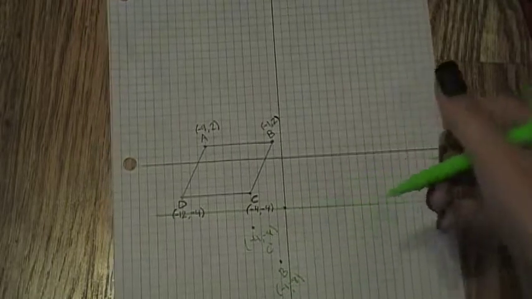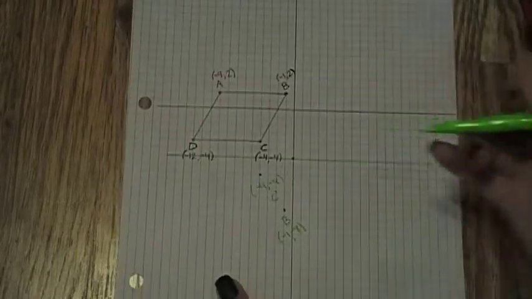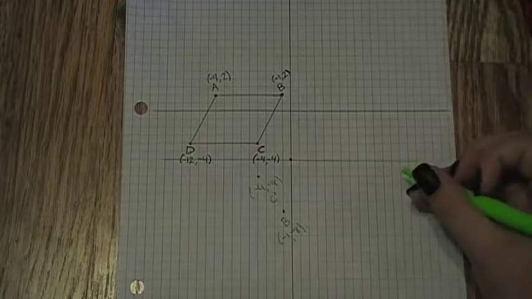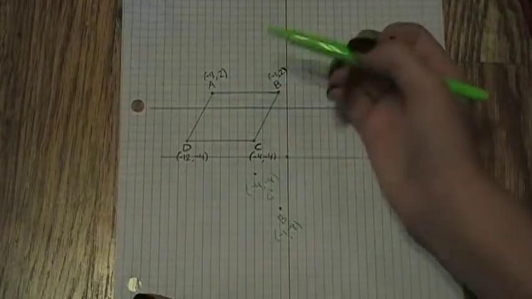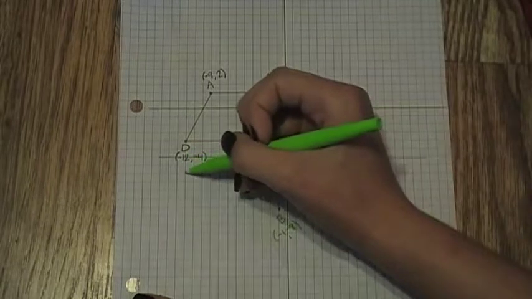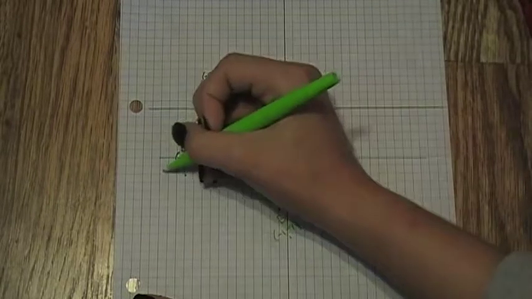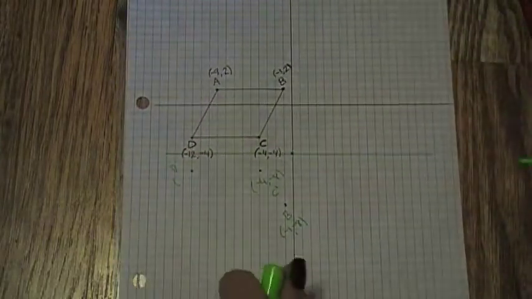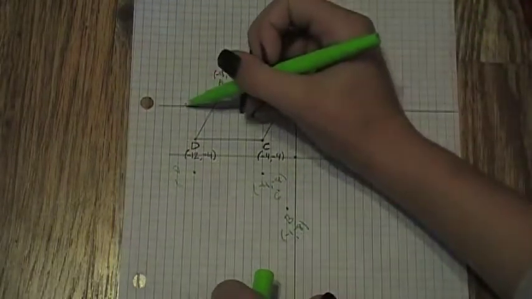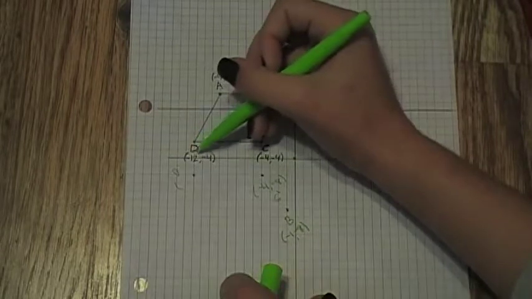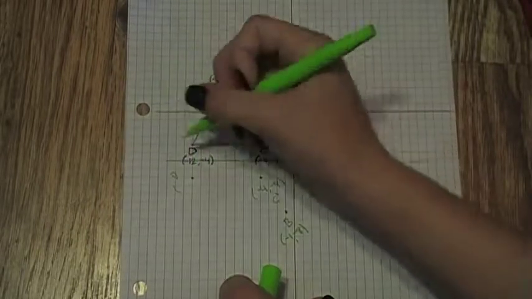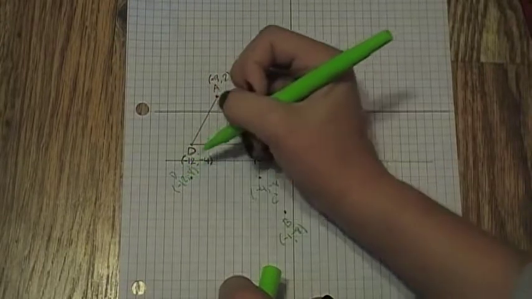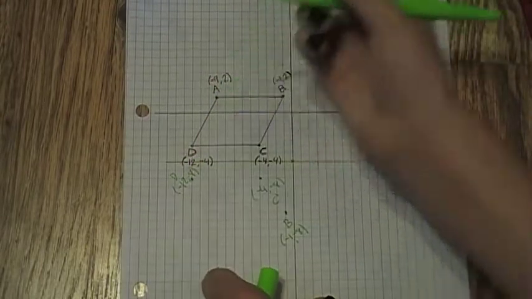Okay, let me make sure I can still see. Okay, so we have C, B, now we want to do D, which is 2 away also, so that would be our D point. So the coordinate would be -12, -8.